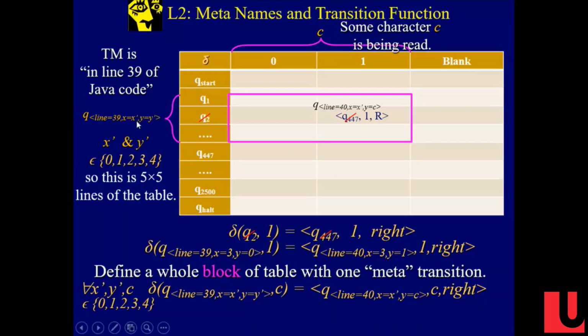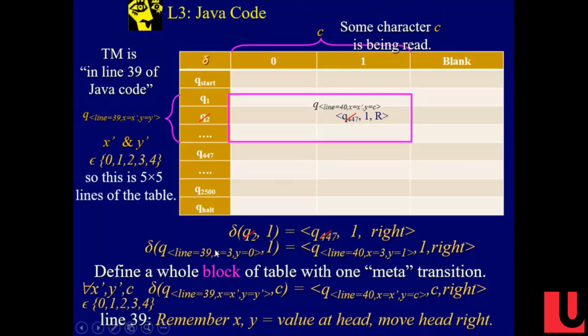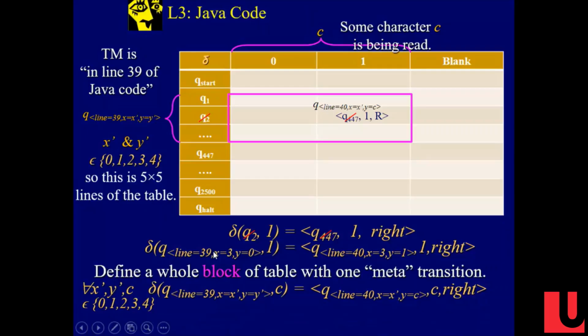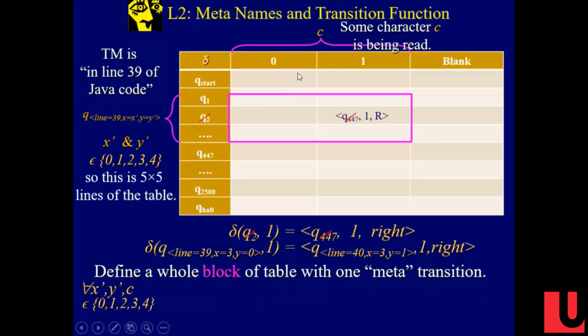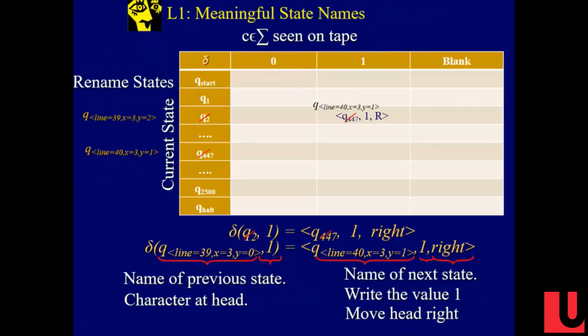Right? So since all we did was change the name, can you buy that if I'm in a state with this name, and I read a 1, I'm in a state with this name, and let's do it again here. We go back. I'm in this state. I read a 1. I go into that state. Right? That's how I fill in that little square.